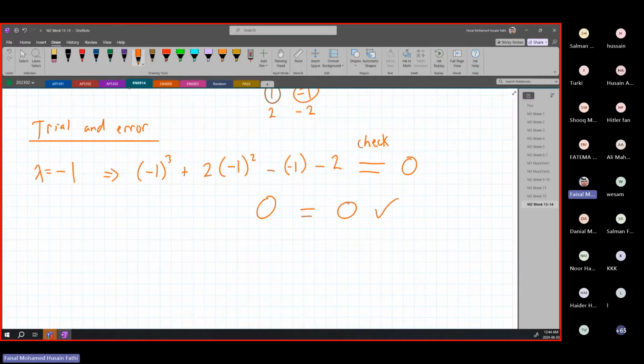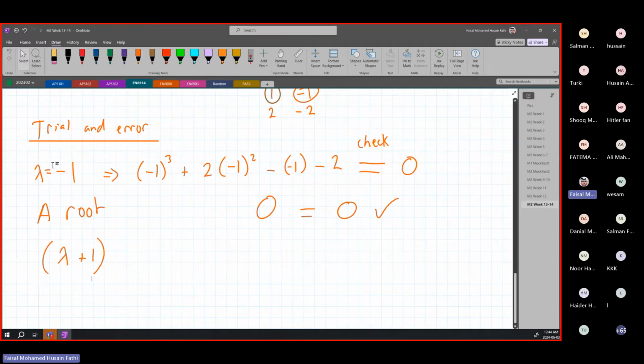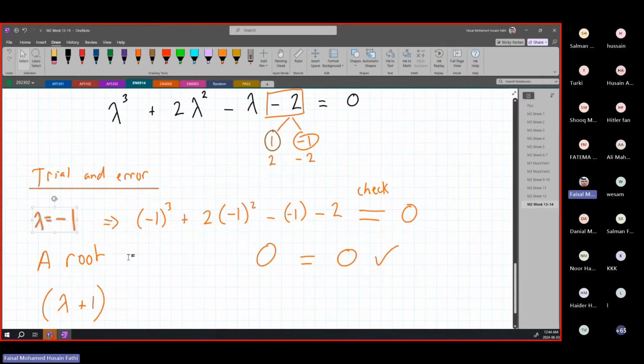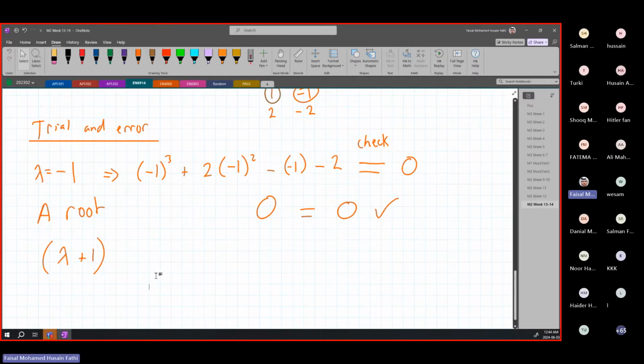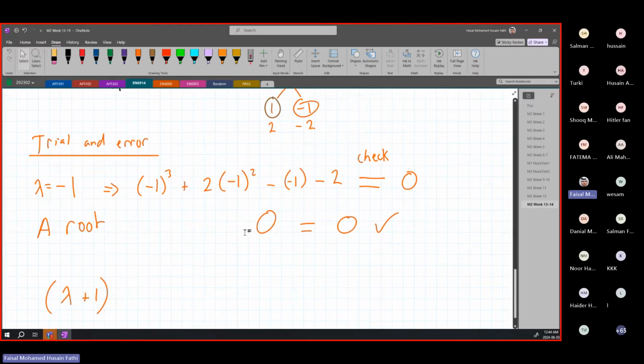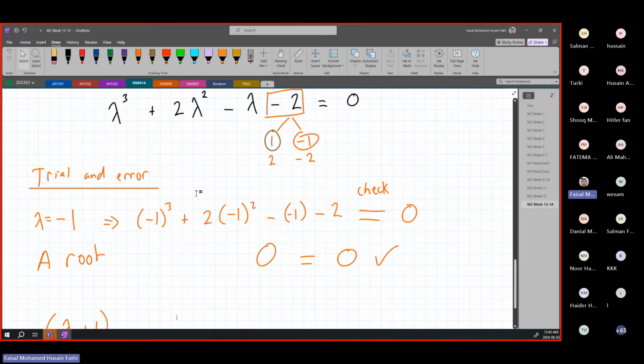This means that lambda plus 1 is one of our factors, the opposite sign, because when we plug in minus 1 we get 0. So lambda plus 1 is one of our roots, found by trial and error. We didn't even need to go for 1.